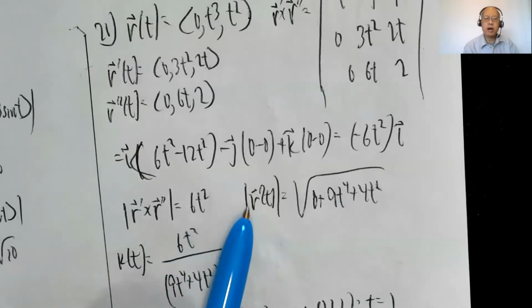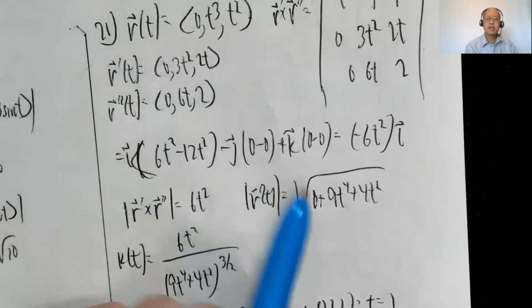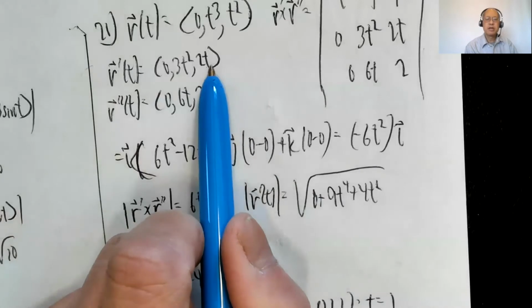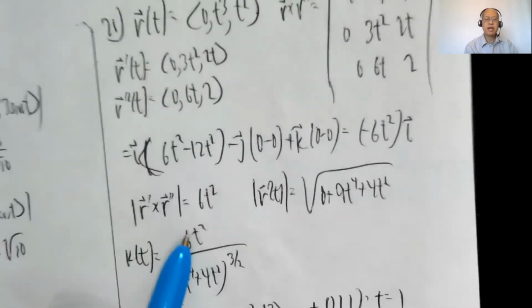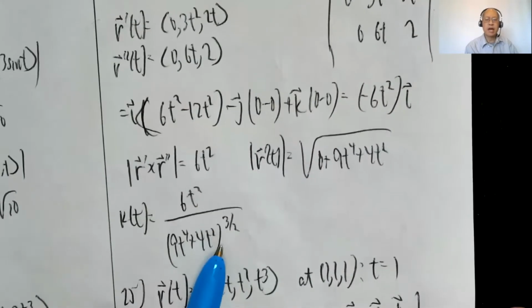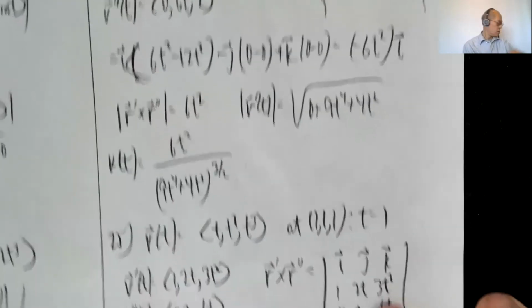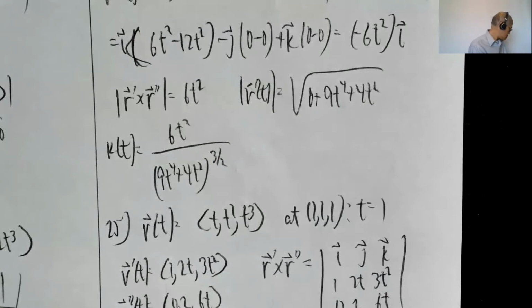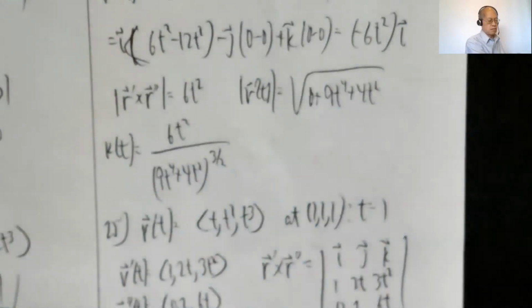Okay, magnitude of r prime is the square root of 0 squared plus 3t squared squared plus 2t squared. Okay, so kappa is the magnitude of the cross product, 6t squared, over this thing to the 3/2 power by formula, 9t to the 4th plus 4t squared raised to the 3/2 power. Okay, using this formula here for kappa.